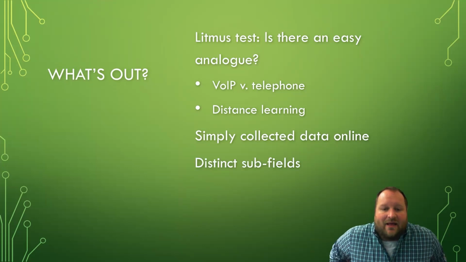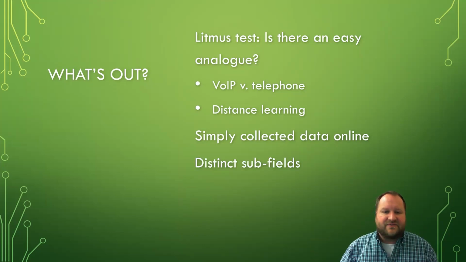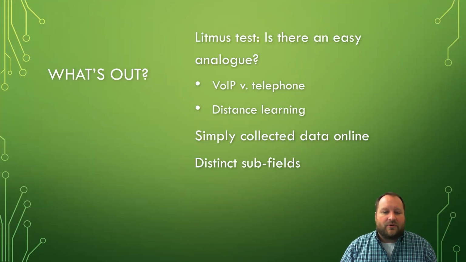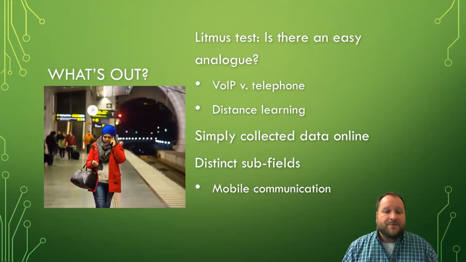And lastly, this is where it gets a little fuzzy, and different people have different views on this in the field, but we have new subfields that have emerged, either spinning out of CMC or evolving on their own, sort of parallel, but sort of distinct parts of the communication discipline that may look and feel a little bit like us, but are distinct. One of which is mobile communication.